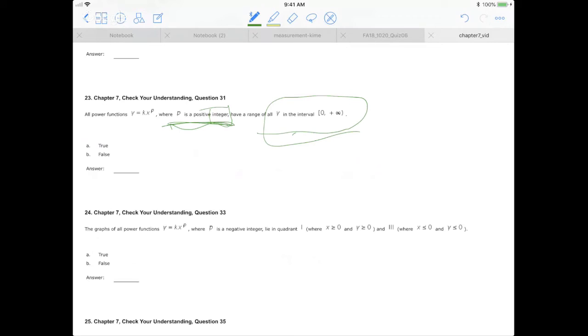Well, sure. But what about this one? Not so much, right? Negative range, right? So that's a false.